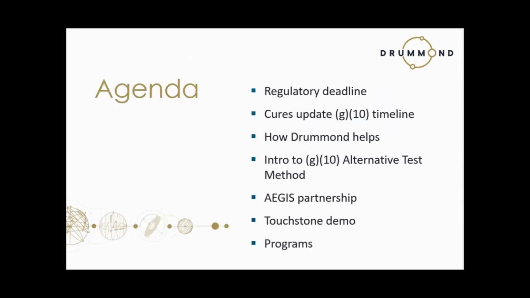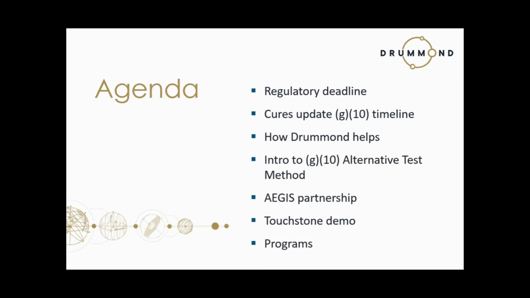So our accomplishment today will be reviewing the regulatory deadline as it relates to G10, how that ties into the specific timeline between now and the end of the year and what that means, lining up an approach for how Drummond is positioned to help our AEGIS customer base achieve compliance to G10.